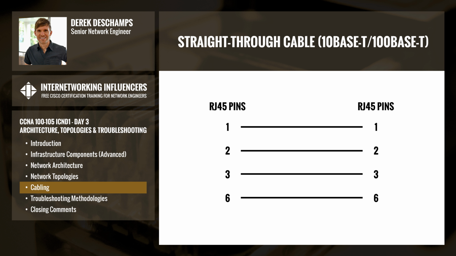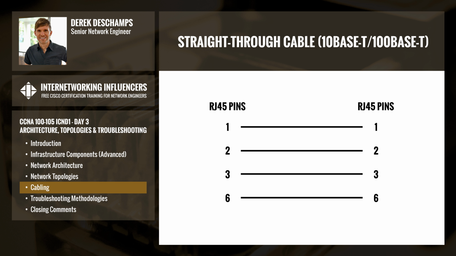With 10BASE-T and 100BASE-T, a straight-through cable takes the wires connected to pins 1, 2, 3, and 6 on one end of the cable and connects them straight through to pins 1, 2, 3, and 6 on the other end of the cable. This makes a straight-through cable the correct cable to use when connecting 2 devices that transmit on different pins.